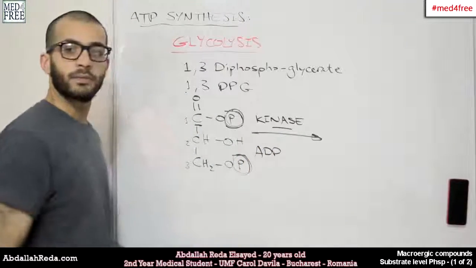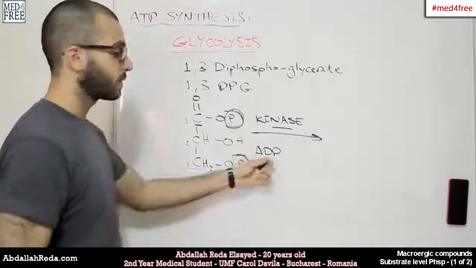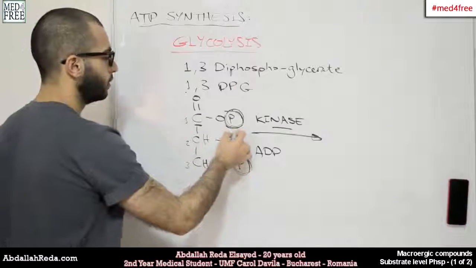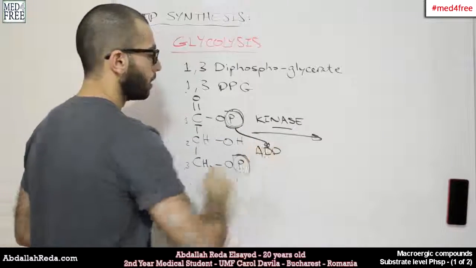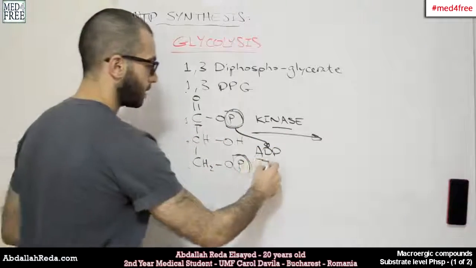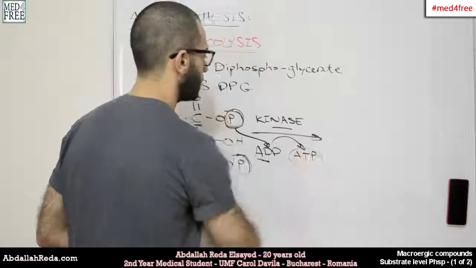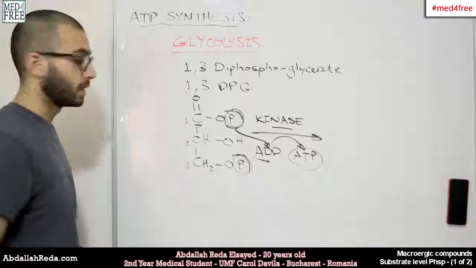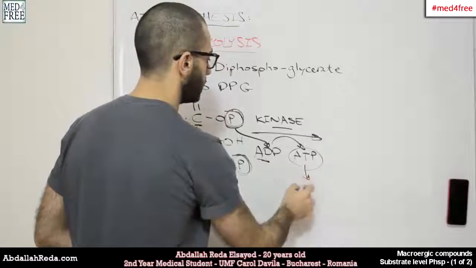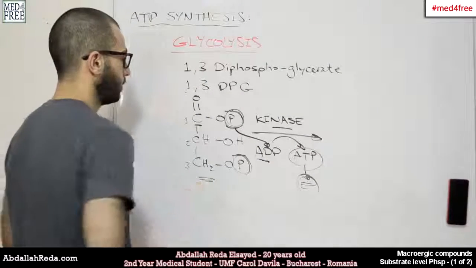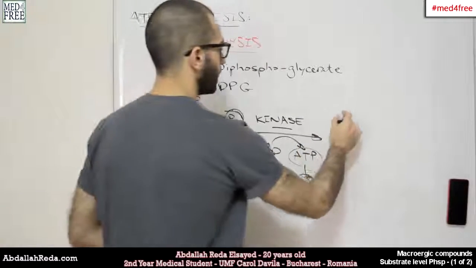It doesn't have 3 phosphoric acid groups, it has just 2. And what happens is that the removed phosphoric acid group will be added to this ADP. It will be transformed into ATP, and we have our ATP synthesis and yet energy release, so energy. And the compound would look like that.